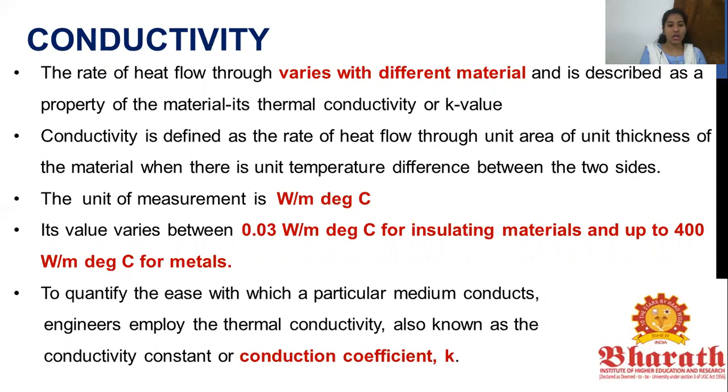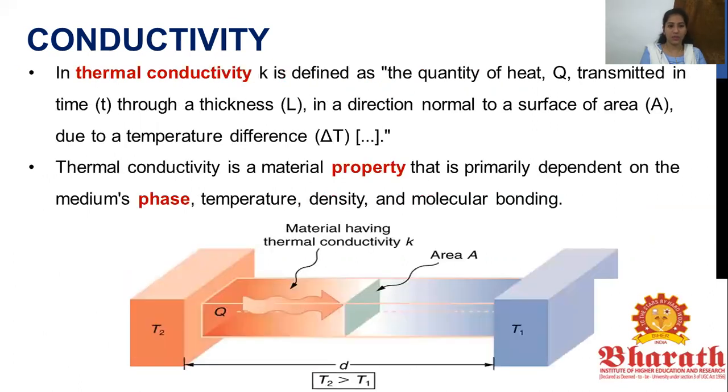To quantify the ease with which a particular medium conducts, engineers employ the thermal conductivity, also known as the conductivity constant or the conduction coefficient, which is also the K value.